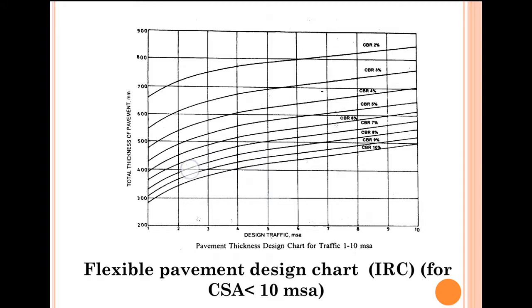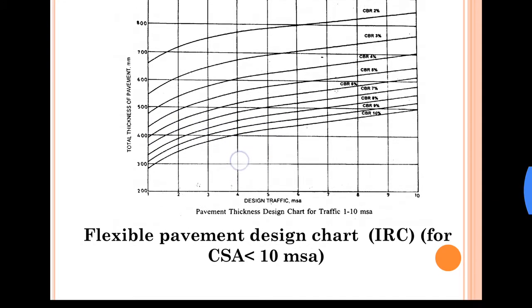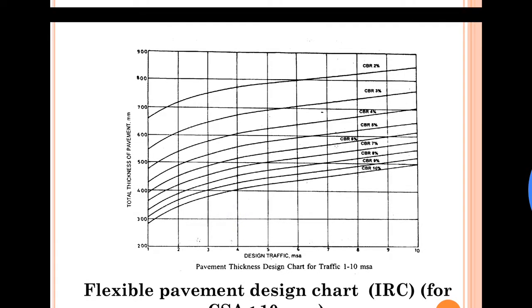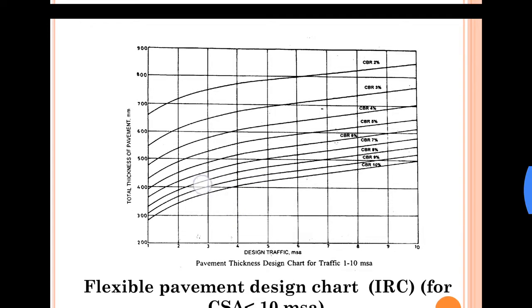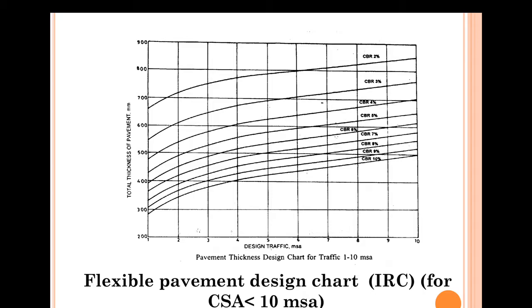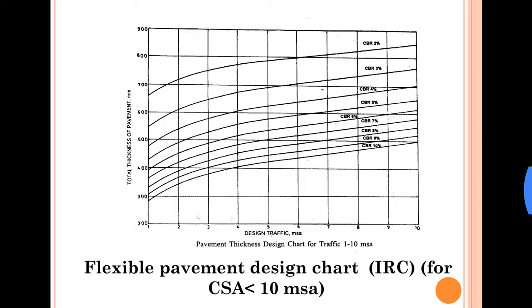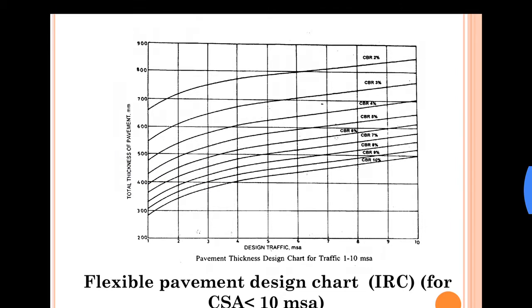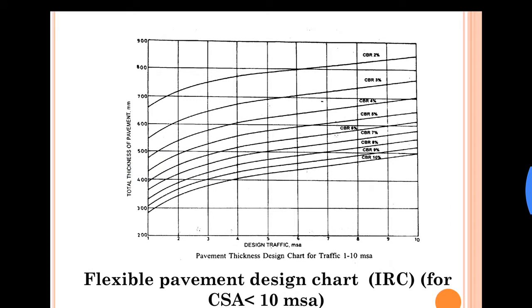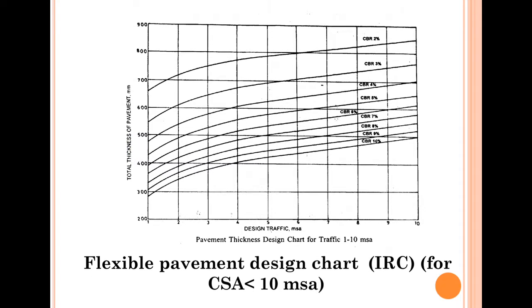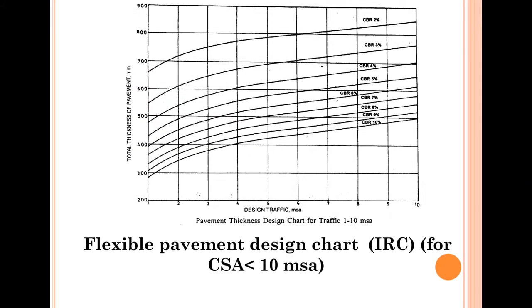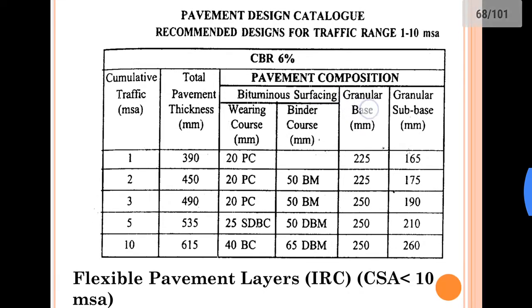Then we project a horizontal from here, and we get a point over here. We can get some value, assume it is something around 420. So this is nothing but the total thickness of the pavement, 420 mm. So this is how it's done.